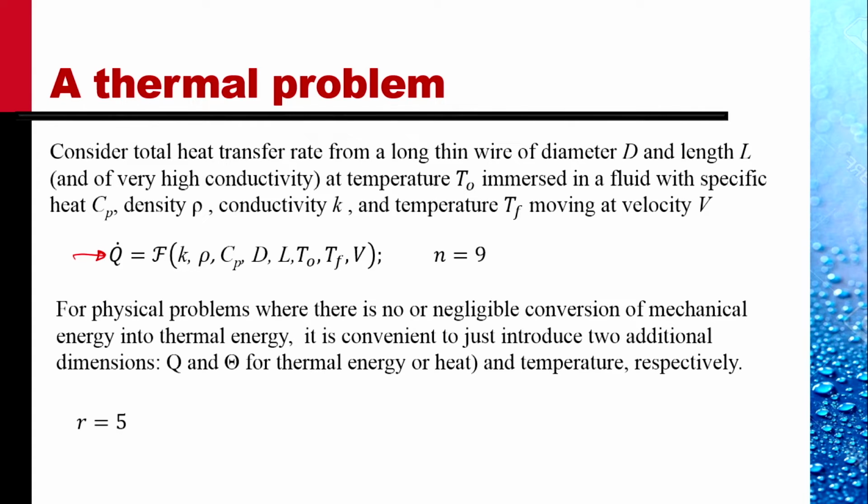That is for thermal energy or heat and temperature respectively. So that gives the number of dimensions involved R as 5. N is 9, R is 5. So we expect to have 4 groups of parameters, 4 pi's, 1 dependent and 3 independent.